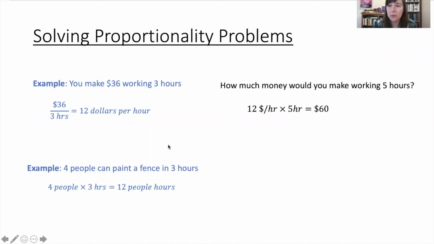So now let's do an inverse proportionality problem. So here you've got 4 people can paint a fence in 3 hours. So we know that our constant of proportionality is 12 people hours. So I can ask you, okay, how many hours would it take 6 people to paint the fence then?